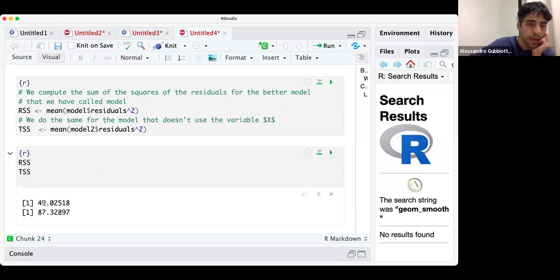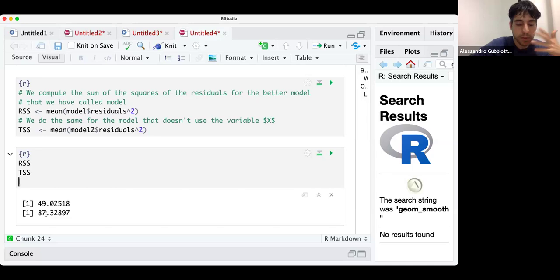Of course the second one is bigger, because the first one is computed using the slope, so the residuals will be smaller. In particular, if the second one were smaller, then that slope wouldn't minimize the residual, so the other one would be minimal. So it is for sure that RSS is smaller than TSS.